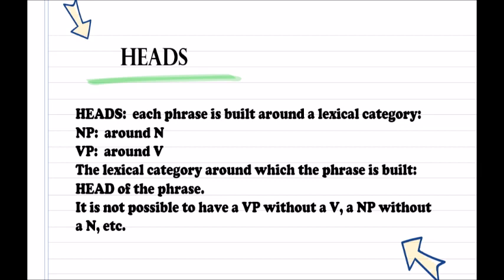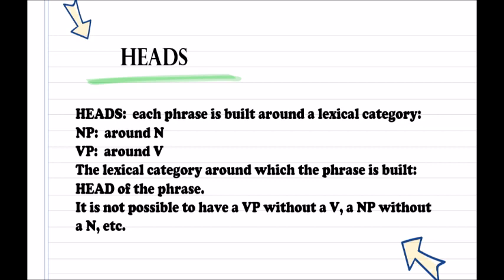Next, parts of a phrase structure. First is the heads. In heads, each phrase is built around a lexical category. A noun phrase is built around a noun, and a VP is built around a verb. The lexical category around which the phrase is built is called the head of the phrase.